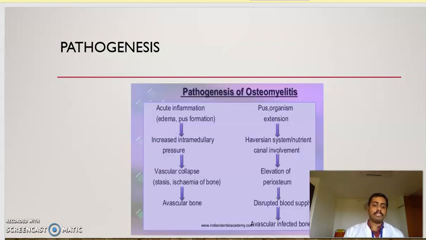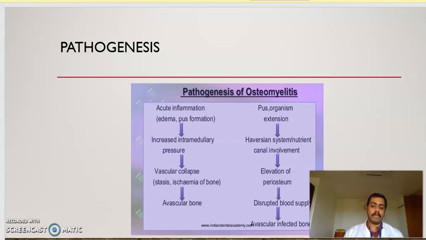Now, in a nutshell, I can explain the pathogenesis. The acute inflammation starts as an edema followed by pus formation. Due to the pus formation, increased intramedullary pressure is seen inside the bone. Due to the increased pressure, vascular collapse occurs, which leads to stasis or ischemia of the bone, that is, reduced blood supply to the bone.